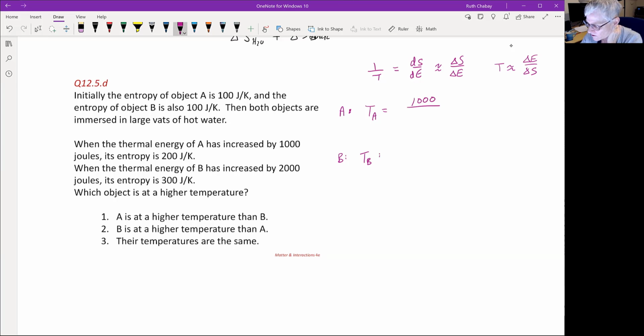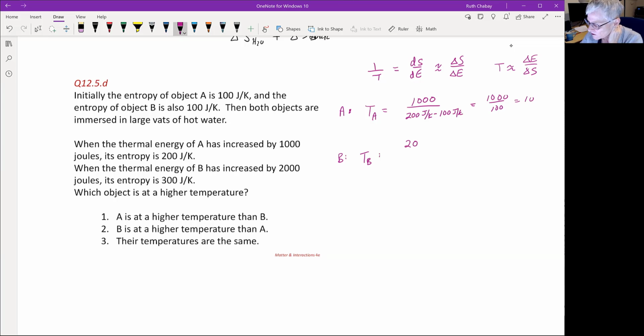So we have a 1000 joule increase in energy over 200 joules per Kelvin minus 100 joules per Kelvin. That's 1000 over 100, which is 10 Kelvin.